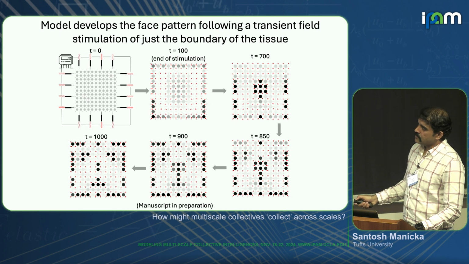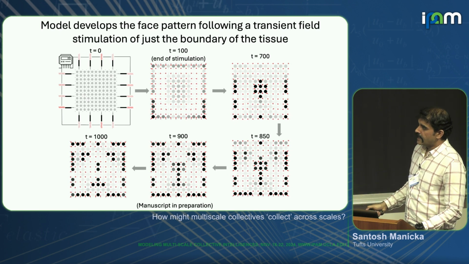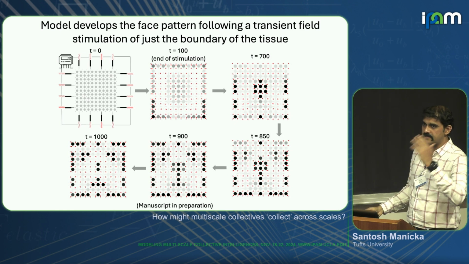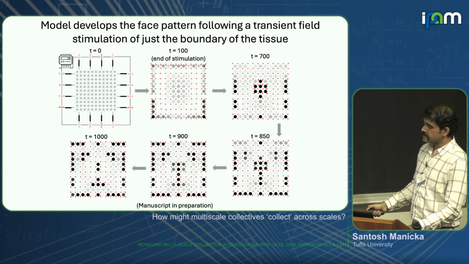But if you let it go after this, slowly what happens is that you get this ring of fire that we kind of saw in the first video, and that sort of triggers features or cells in the bulk of the tissue, slowly building up the facial structure. Again, this facial structure is not as perfect as what we saw in the video at all, but you get a good enough example, I think.